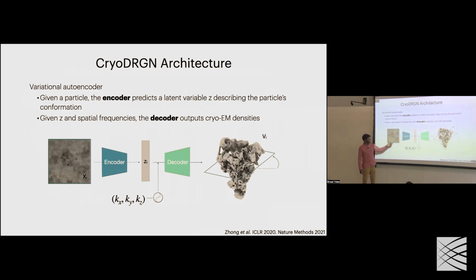The encoder takes as input a single one of those 2D images, and based on this, maps it to this conformation latent Z. And then the decoder, which is this neural field we just discussed, takes as input that latent variable and produces a volume corresponding to that specific conformation, which has been estimated from this image.